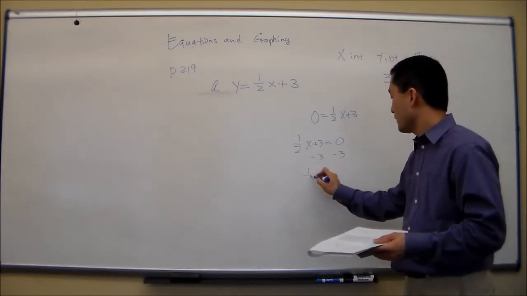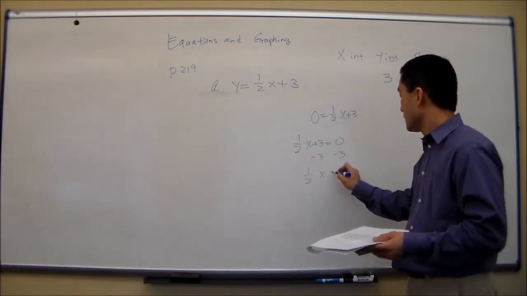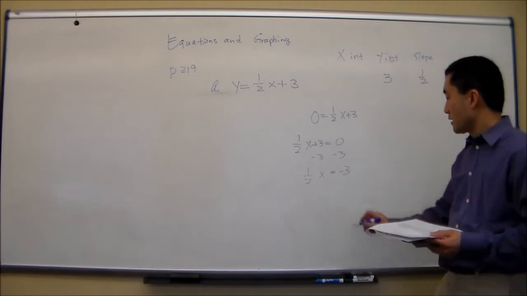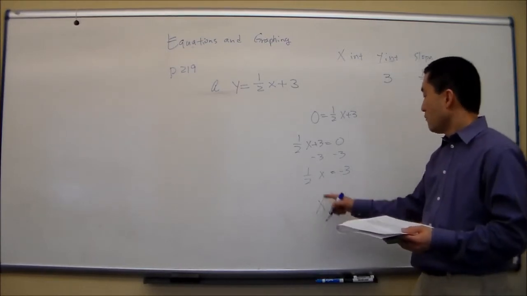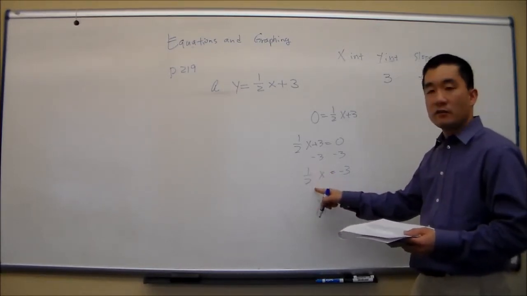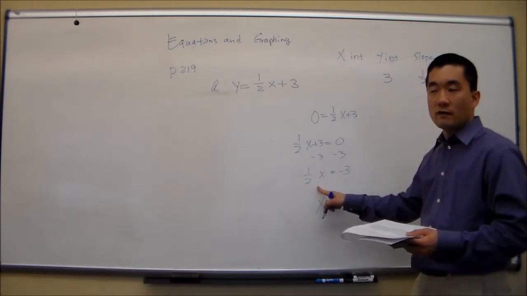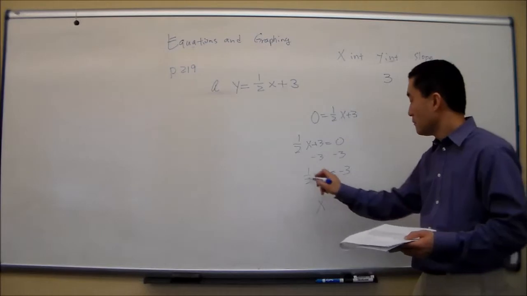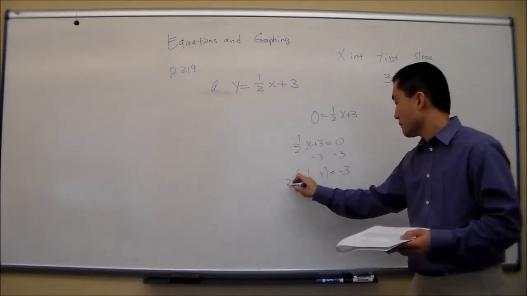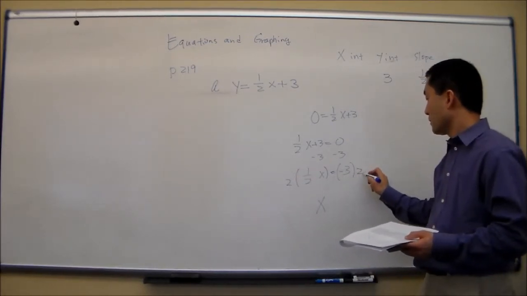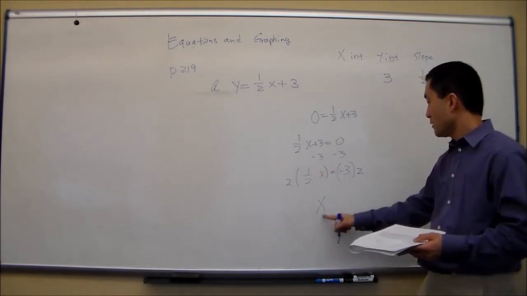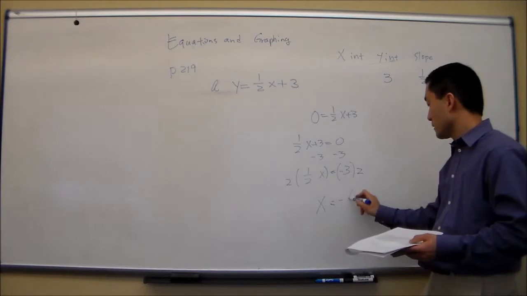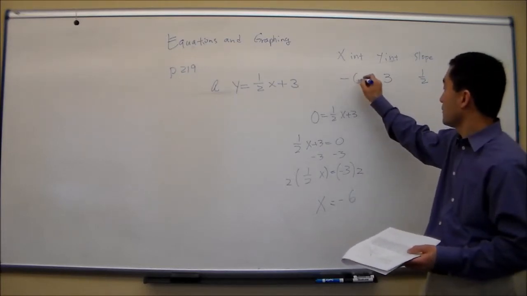So that makes half x equal to negative 3. What's x? Well, this means x is divided by 2, half. So how do you undo multiplication or division? Multiply by 2. 2 cancels off, x stays. Negative 3 times 2, that's negative 6. So that's your final answer.